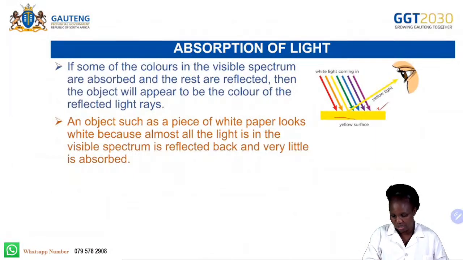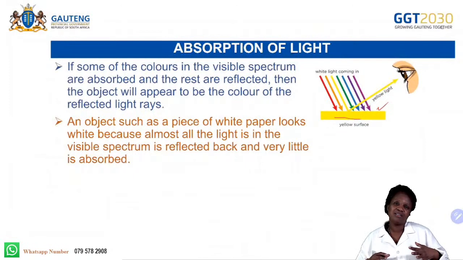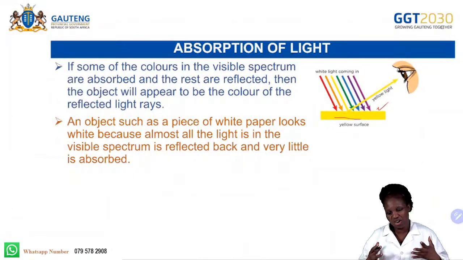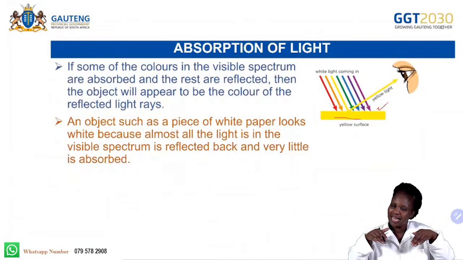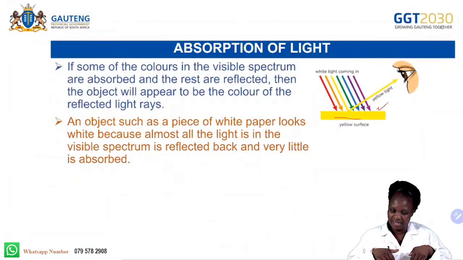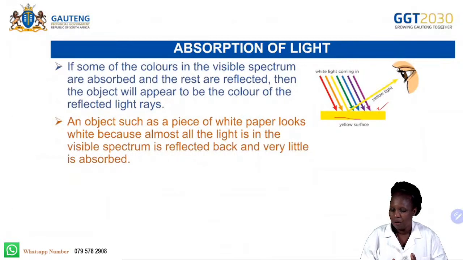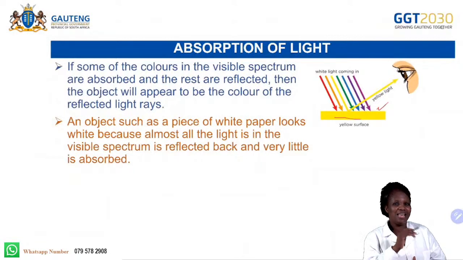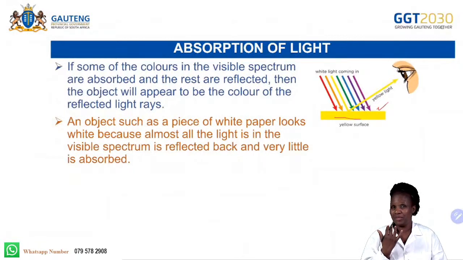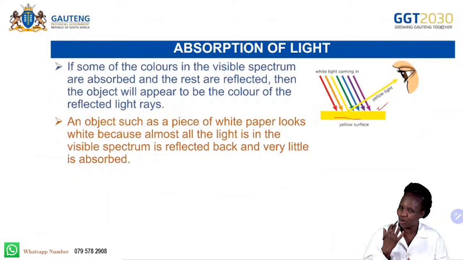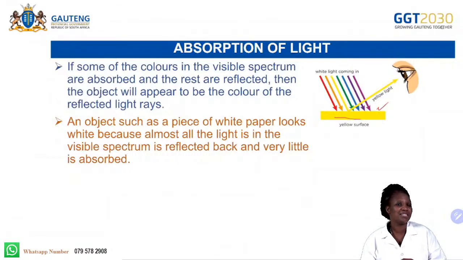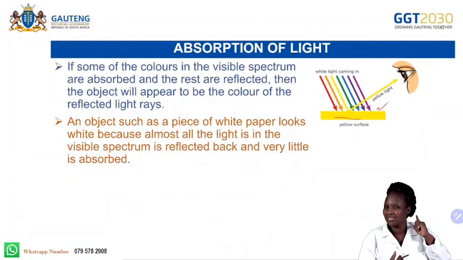The colors of the visible spectrum are incident rays. They are coming in, and all the other colors are being absorbed, but only color yellow is being reflected. Then our eyes see yellow because the yellow color is being reflected to our eyes. Our eyes can see light and interpret it as yellow.